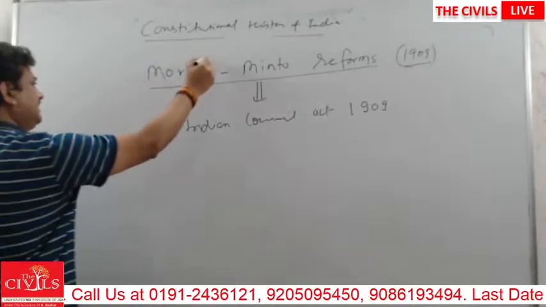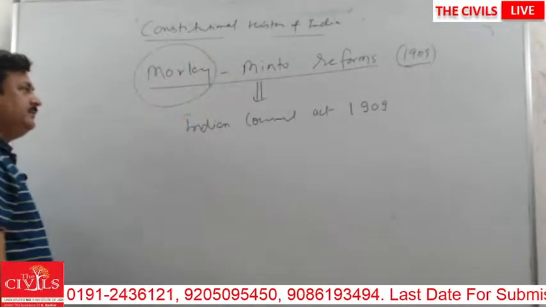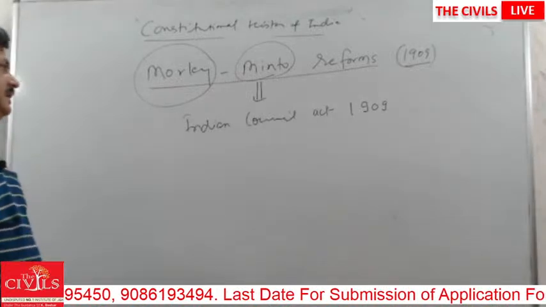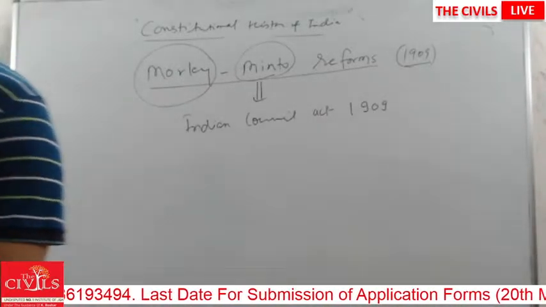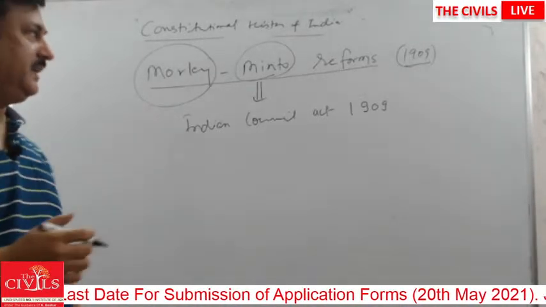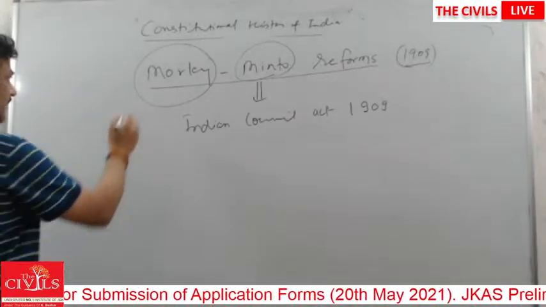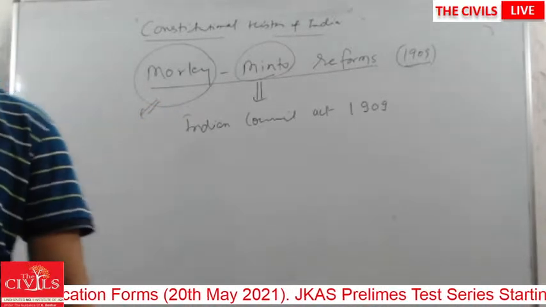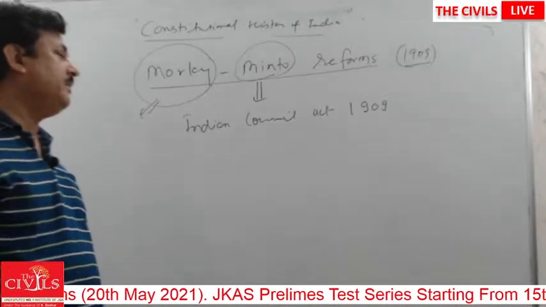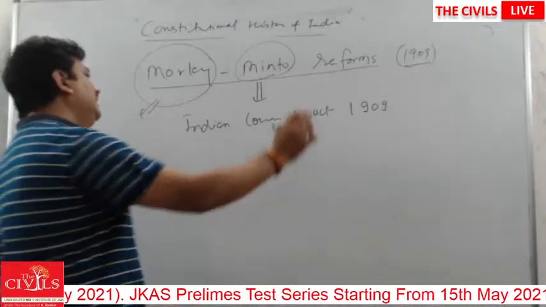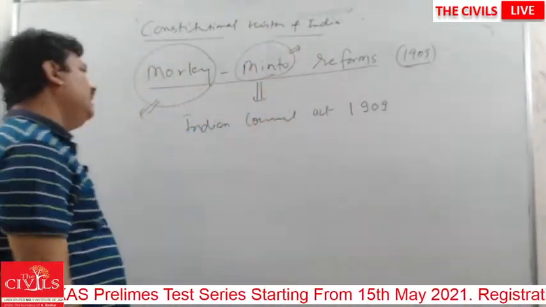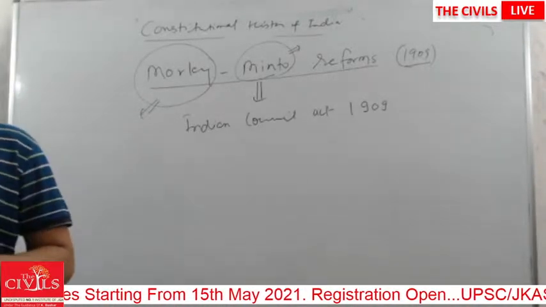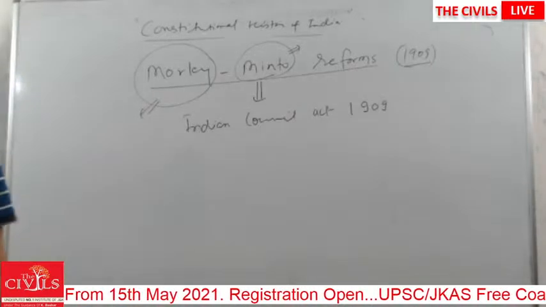Morley was the Secretary of State for India, and Minto was the Viceroy of India. This act was named after two prominent personalities, John Morley, the Secretary of State for India, and Lord Minto II, the Viceroy of India at that time.